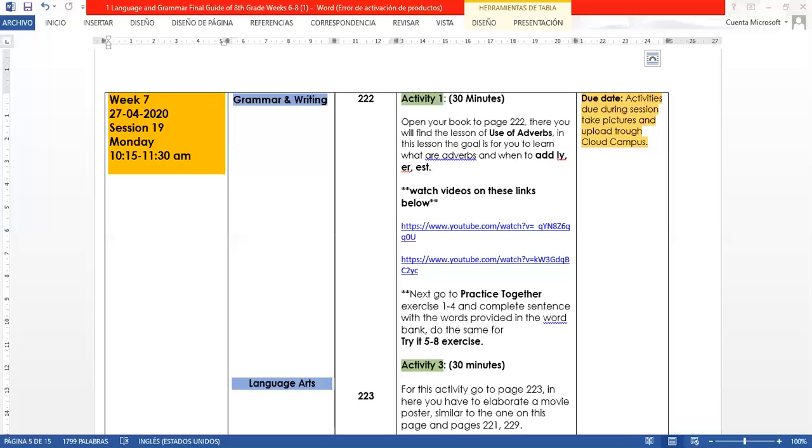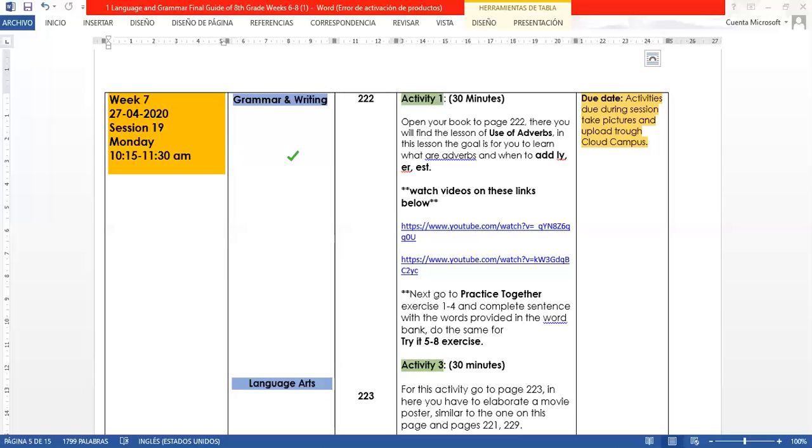In this case, they're giving us the first example, which is when to add ly to the adverb. The first example we see here is: the monster's bride yells loudly.